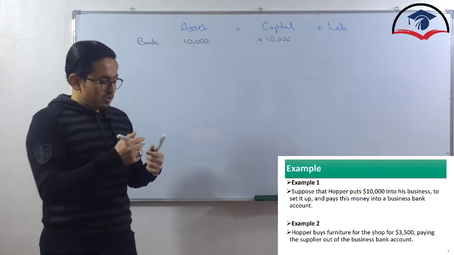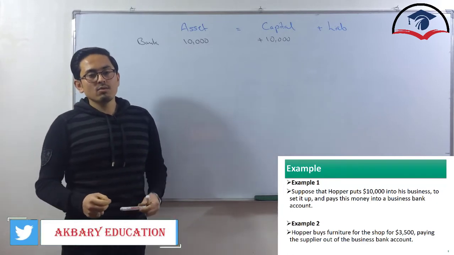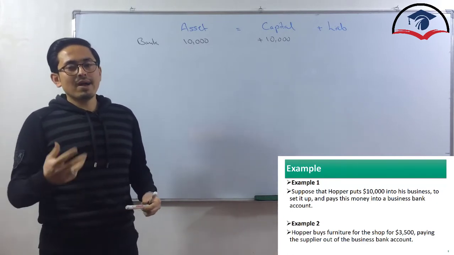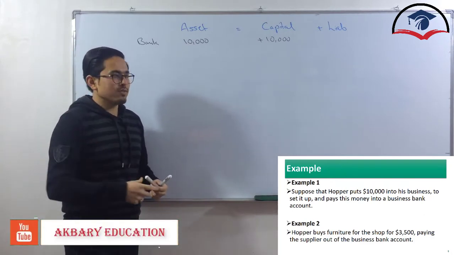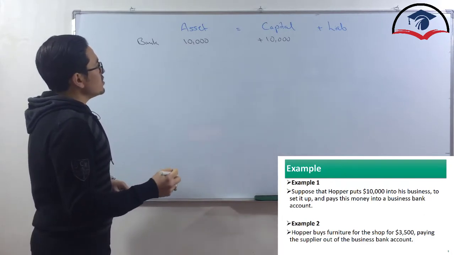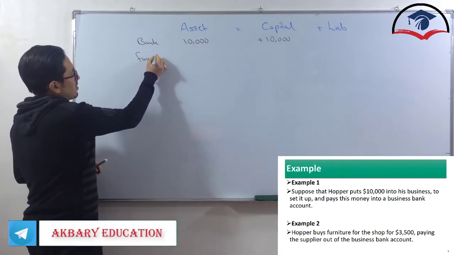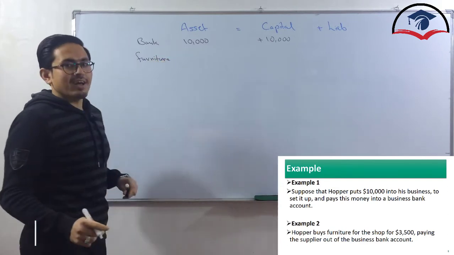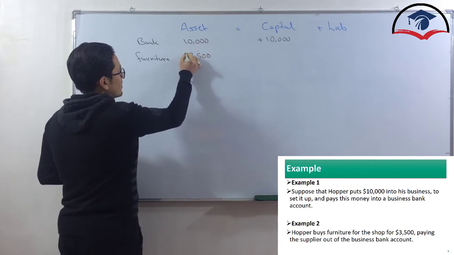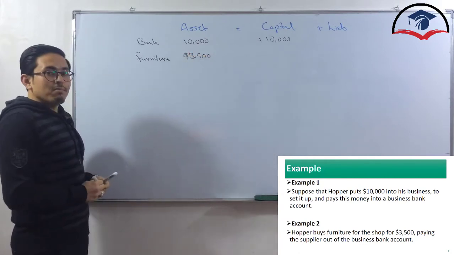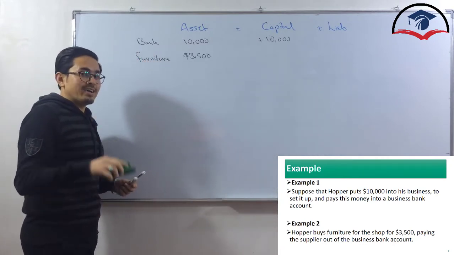For part 2, they mentioned that Hopper buys furniture for the shop for $3,500, paying the supplier out of the business bank account. He has purchased some furniture for the business. That furniture is an addition to the business. Of course, furniture is added by $3,500. But one point to remember, this amount has been paid from the bank account.